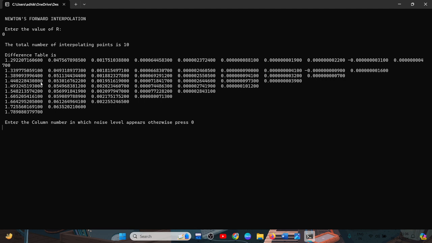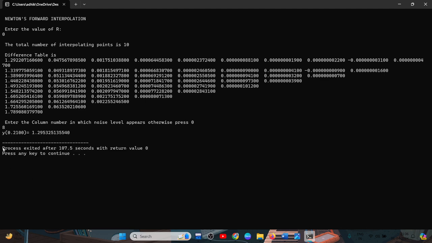Counting first, second, third, fourth, fifth, sixth, seventh, eighth, the noise level appears in the eighth column, because here is 2200, the next row is minus 900, and the next row is 700. So there are irregularities in this column, so put here 8.